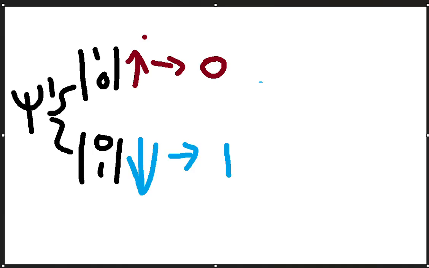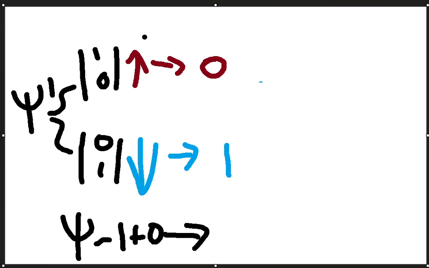And so our quantum computer basically takes in some value of psi, which is like a mixture of 1 and 0, and it turns into either a 0 or a 1.